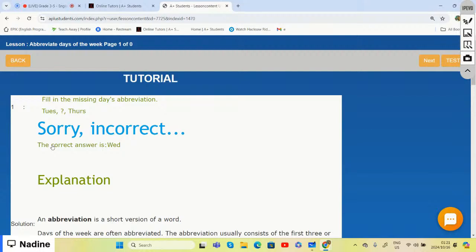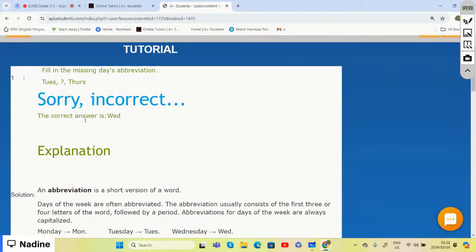all right. So with our days of the week, remember, we say that we shorten the words, and if the word is anything that is, let's say, four or fewer letters, we don't abbreviate it.